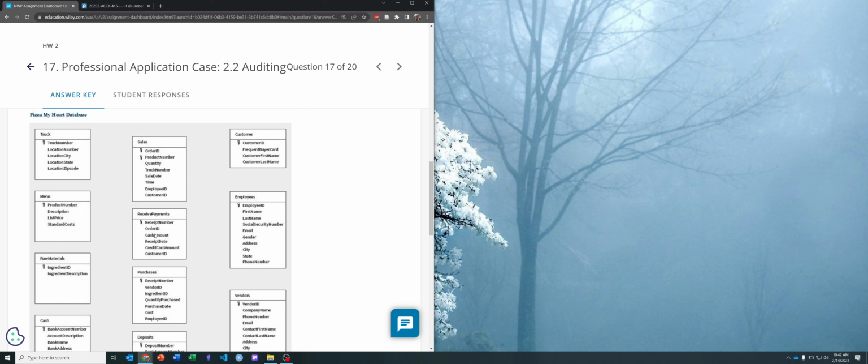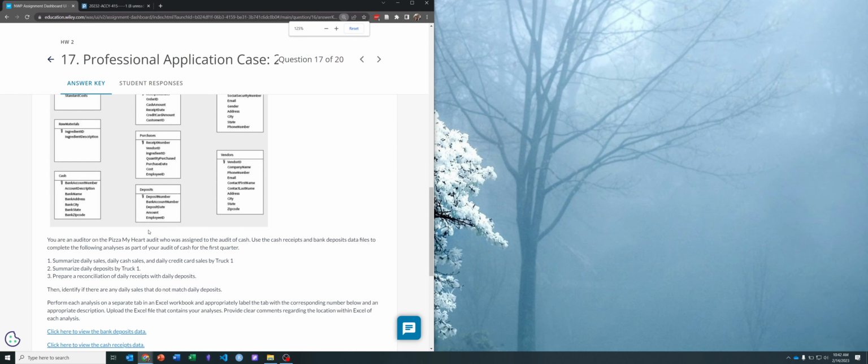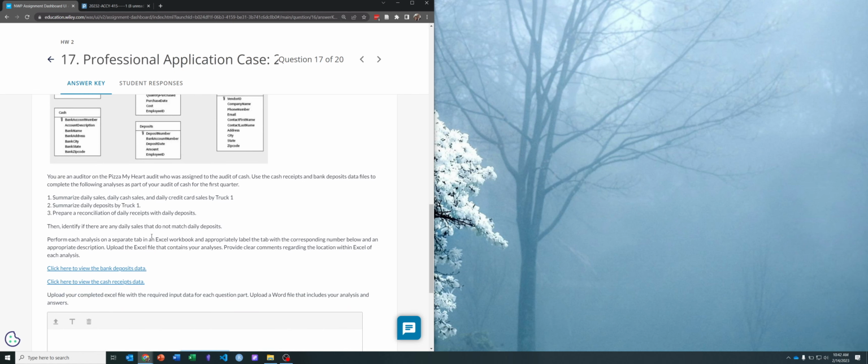Well, in our received payments, we have cash amount and credit card amount, so we're probably going to use both of those. But you'll see that the data they've given us has been changed. So let's just jump right in.